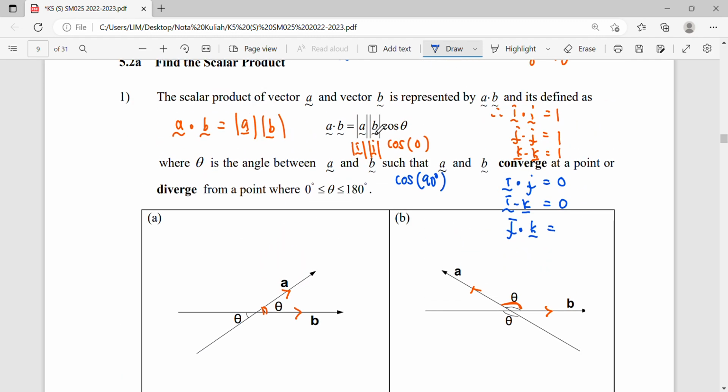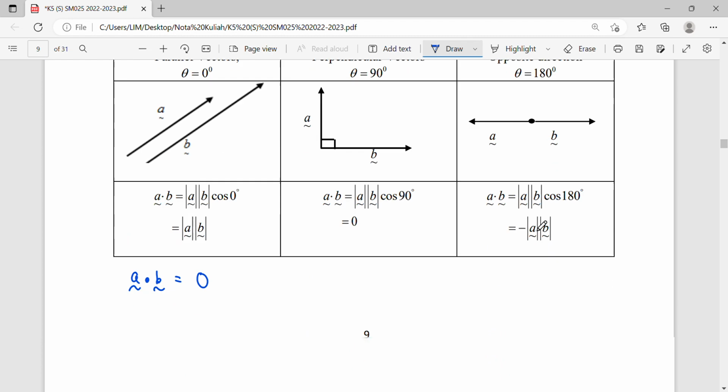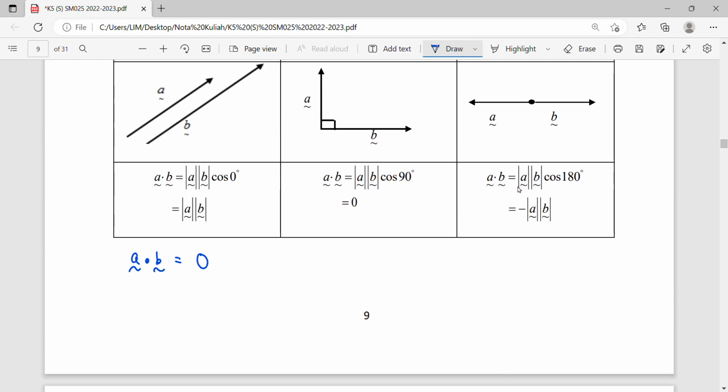When I get 0, these two vectors should be perpendicular to each other. So we have a concept here: if A dot B is 0, then vector A is perpendicular to vector B.